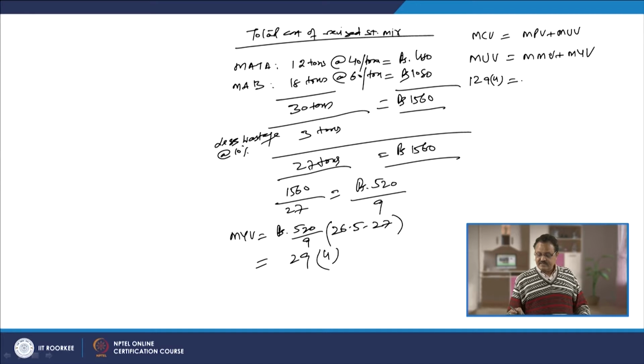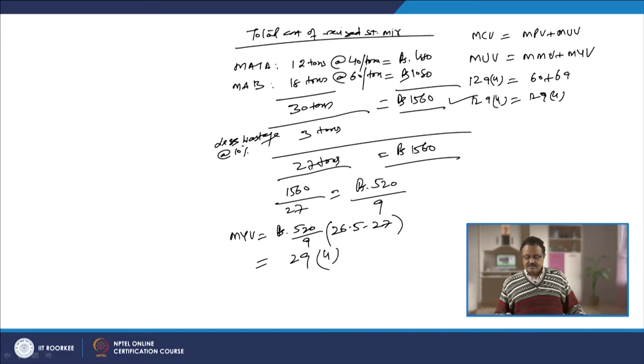So, 60 plus 69, both unfavorable, is 129. So, 129 unfavorable is equal to 129 unfavorable. The check is confirmed. Whatever material cost variance you have calculated, 129 unfavorable, is equal to the sum of material price variance and material usage variance.